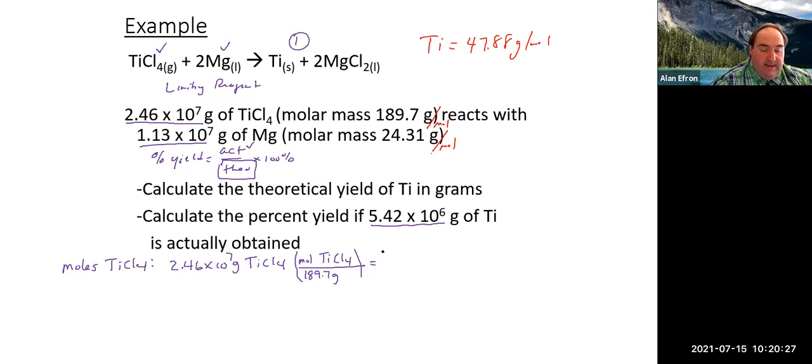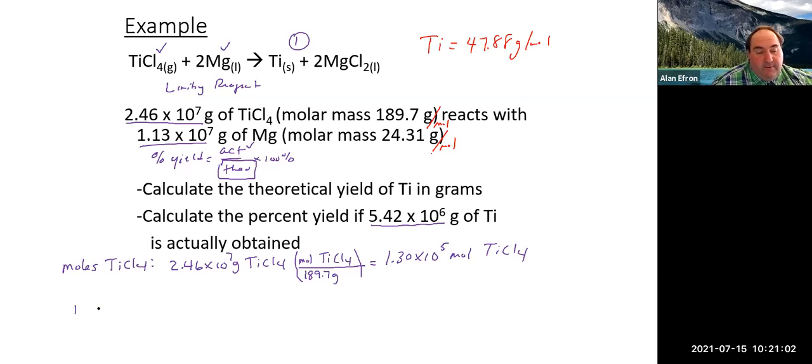And if we do that, we are using our exponent button here, so we don't add any problems to this calculation. 189.7, not 489. That would also help probably. And that does give us, with a little rounding here, 1.3 times 10 to the 5 moles of TiCl4.